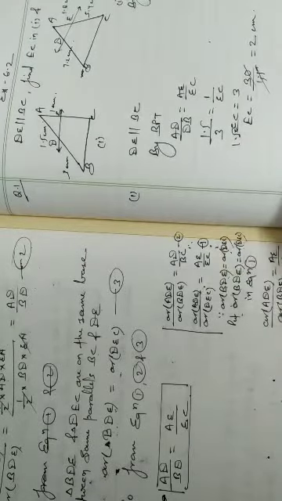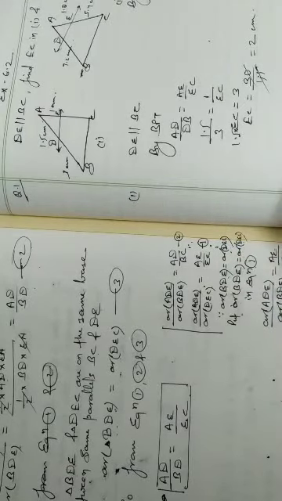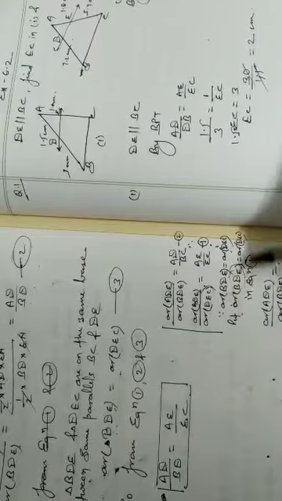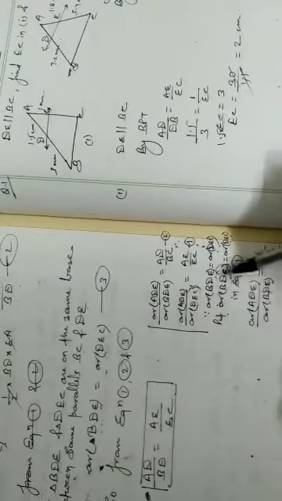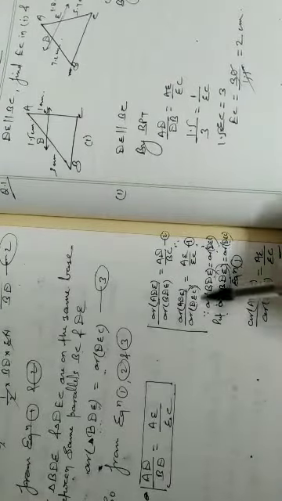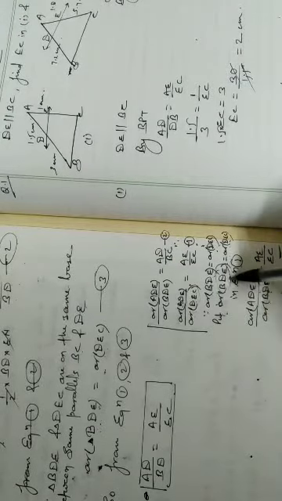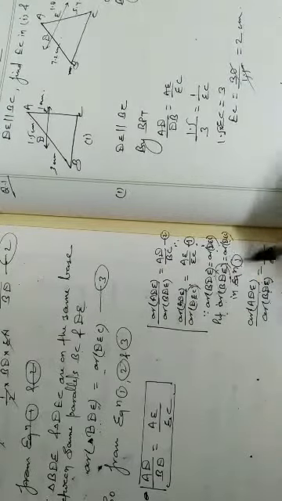On the place of this we are putting this because these are equal. So you will get area of ADE upon area of BDE equals AE upon EC.